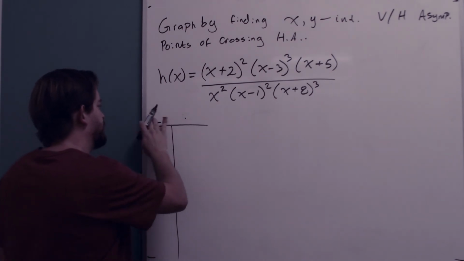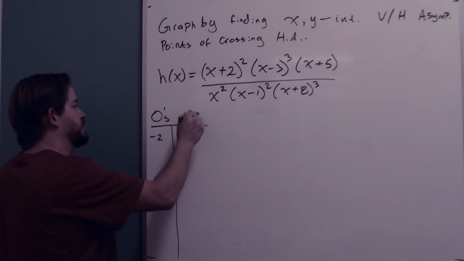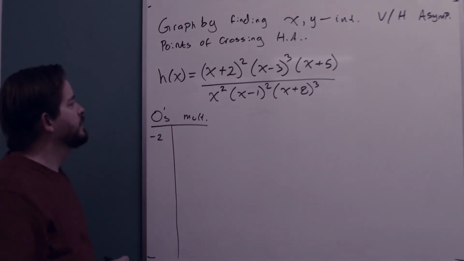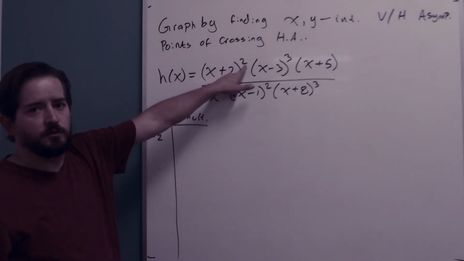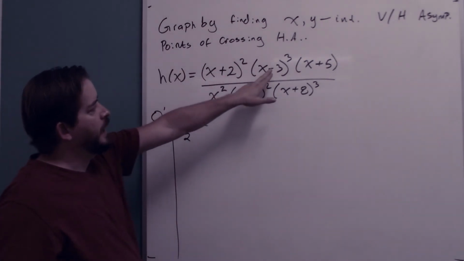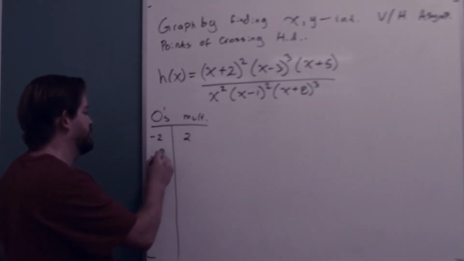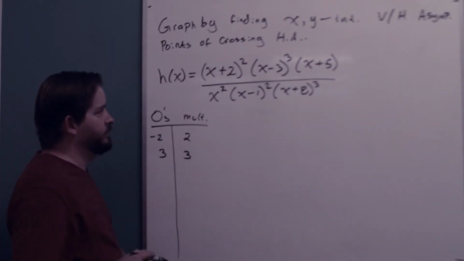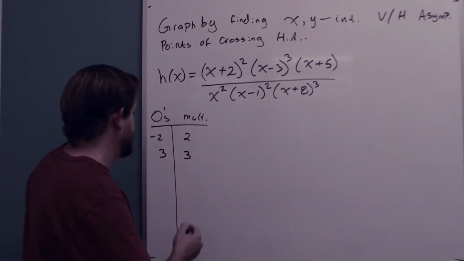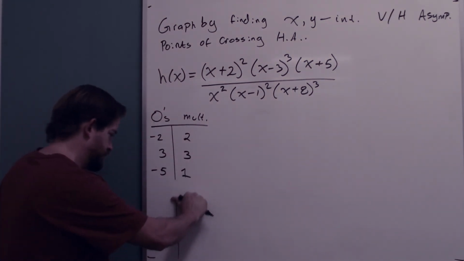I want my zeros and their multiplicity, because I'll use that information. This has a multiplicity of 2 because it's squared, right? So at negative 2 I have a multiplicity of 2. At positive 3, I have a multiplicity of 3. And at negative 5, I have a multiplicity of 1. Okay. So there's my zeros.